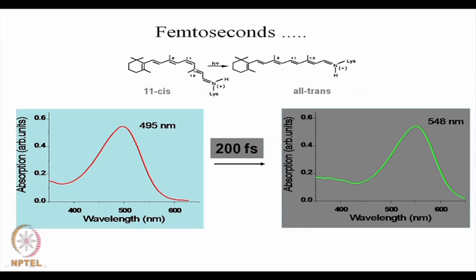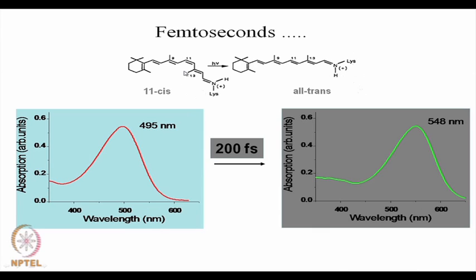Okay. A rotation about this bond, that is 11-cis, and here all-trans. So, you shine radiation, then maybe a partial single bond character comes in, and then rotation about this bond occurs, leading to this structure.